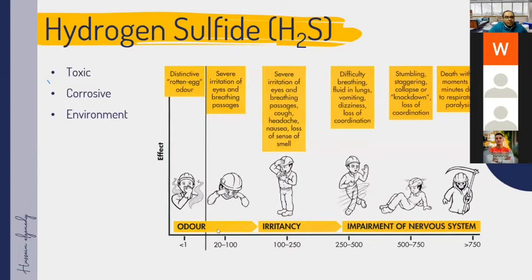From 10 or 20 to 100 ppm, it will cause irritation to the eyes, and breathing will not be very good. Above 100 ppm, there will be severe irritation of the eyes, and cough, and breathing will be very, very hard.